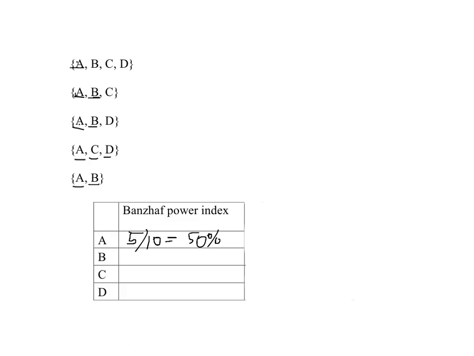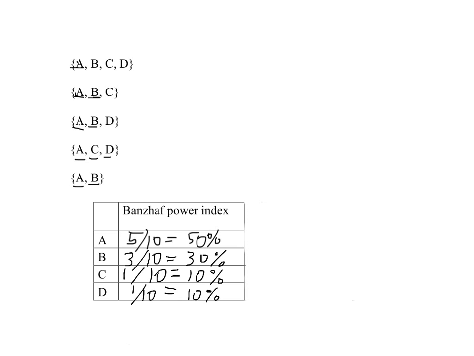B is critical in 1, 2, 3 out of 10, so B has 30% of the power, according to Banzhaf's conception. Party C is critical in only 1 of those 10 instances, and therefore has 10% of the actual power. And finally, D is critical in only 1 out of 10 instances. So D has 10% of the power.